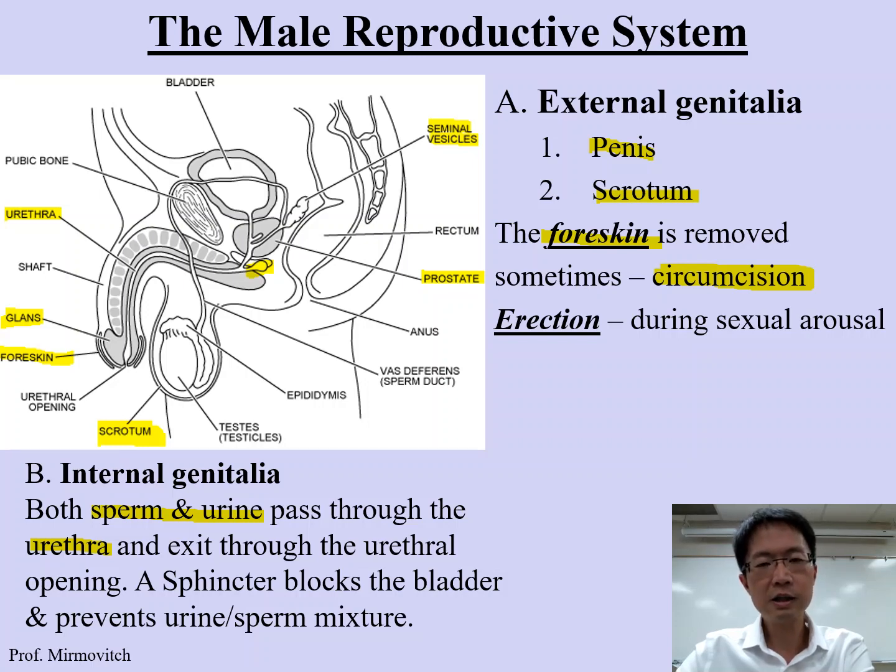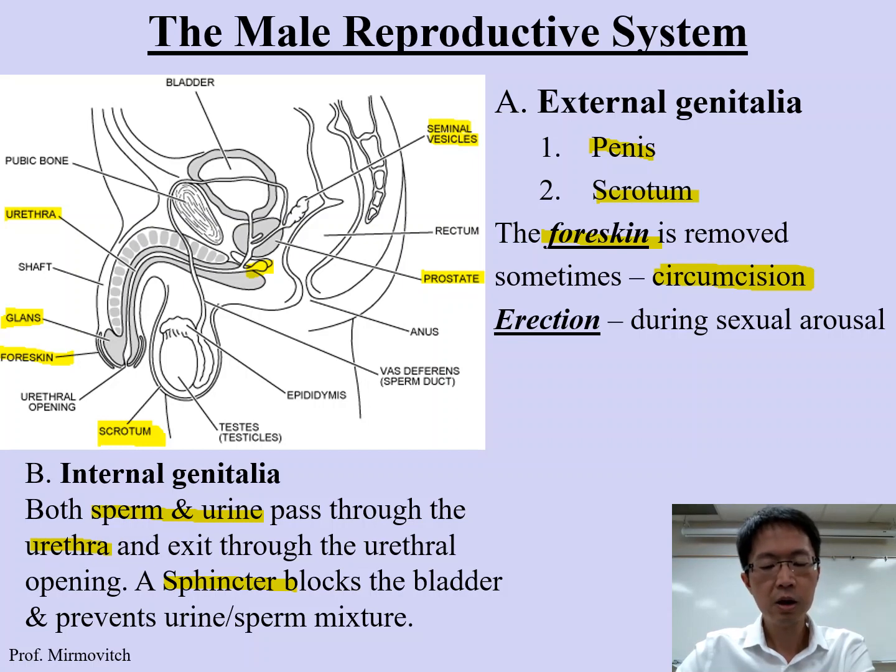So unless the person is ill, or has an STD, or has a bacterial infection, the urine should be sterile, theoretically. And then it exits through the urethral opening. A sphincter blocks the bladder and prevents urine and sperm from mixing.